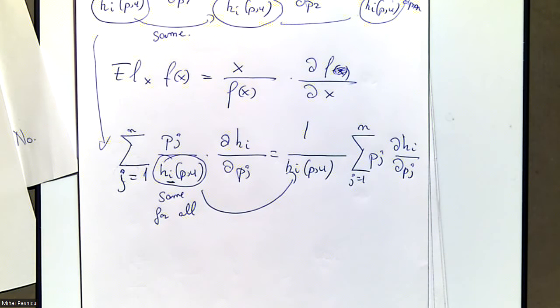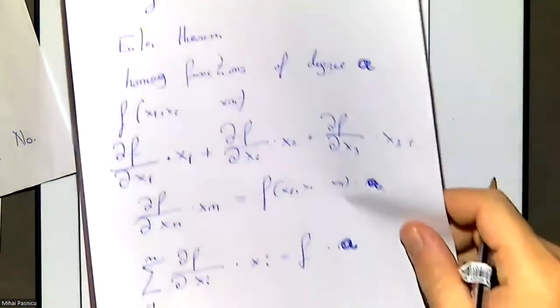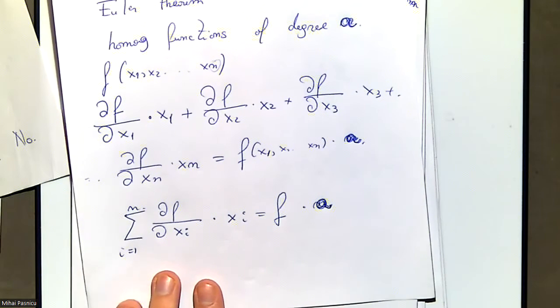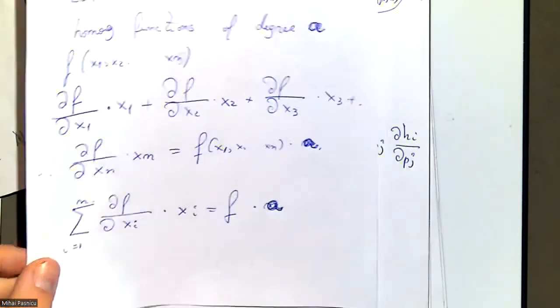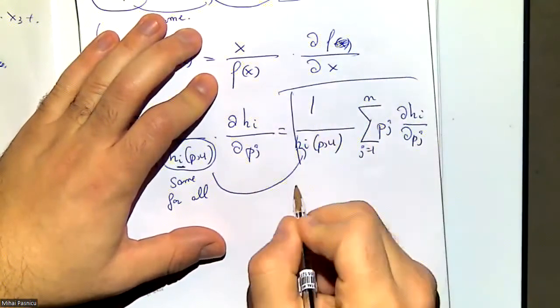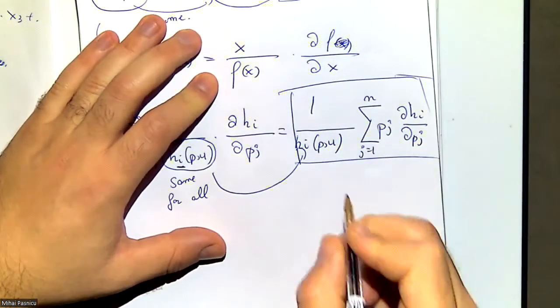But the problem is over, because if you look at Euler's theorem, you get exactly the same thing. But let me convince you. This is what I got from the elasticity. I'm stuck, I don't know how to continue.